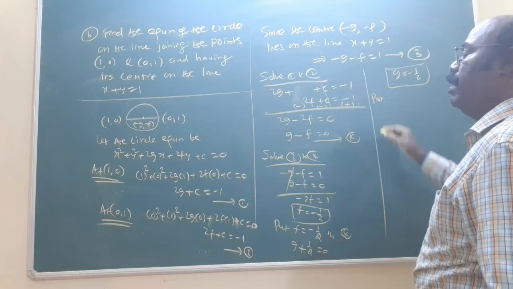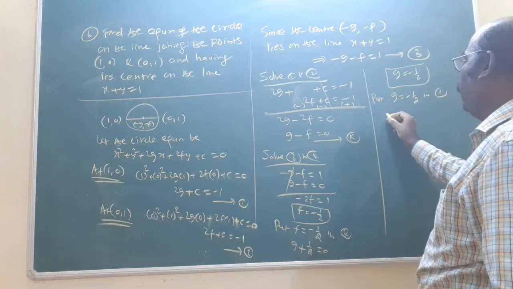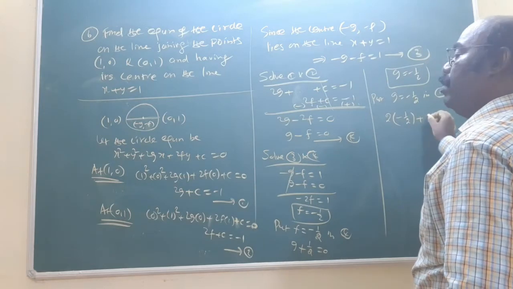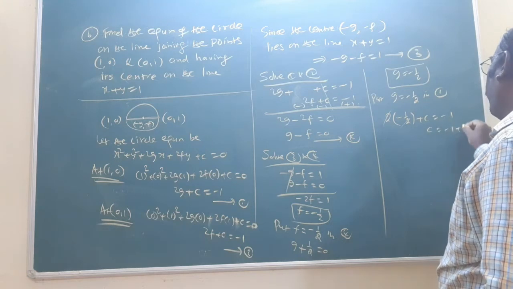Put g equal to minus 1 by 2 in the first equation: 2 into minus 1 by 2 plus c equal to minus 1, the 2 cancels, so c equals minus 1 plus 1, which is 0.